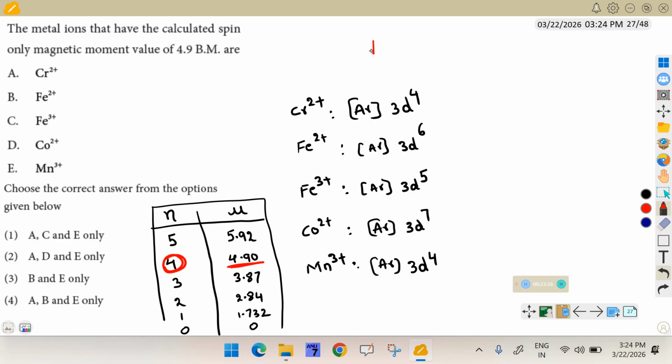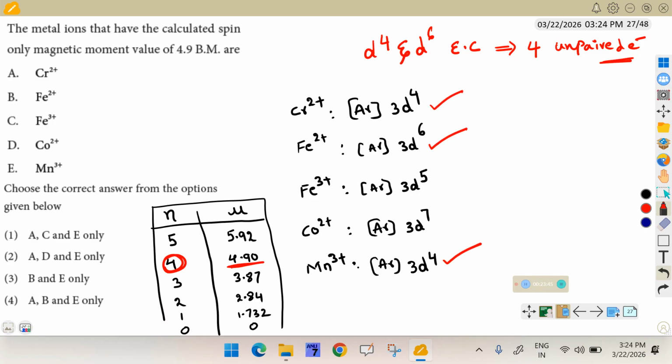We know that d4 and d6 electronic configurations, in d4 and d6 electronic configurations, 4 unpaired electrons are present. d4, d6, d4. Cr2 plus, Cr2 plus, Fe2 plus, Mn3 plus. Second option.